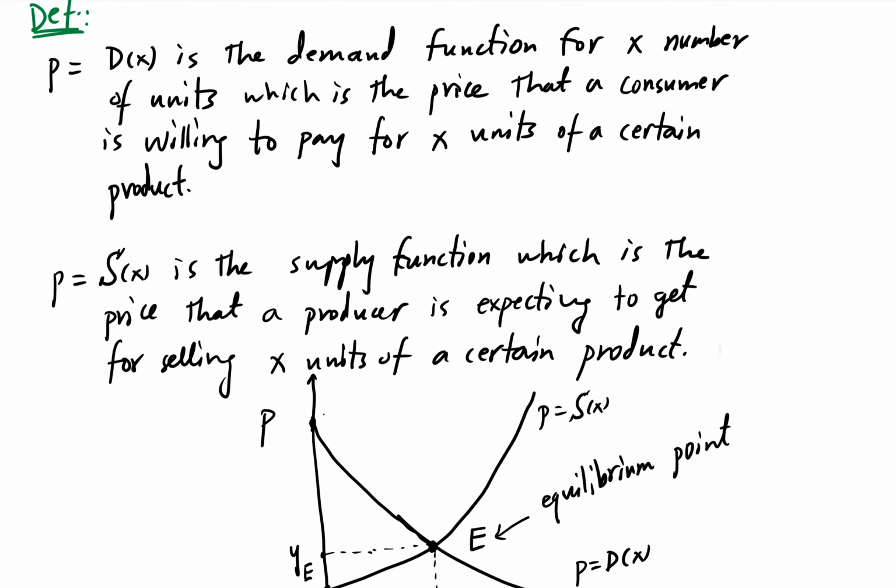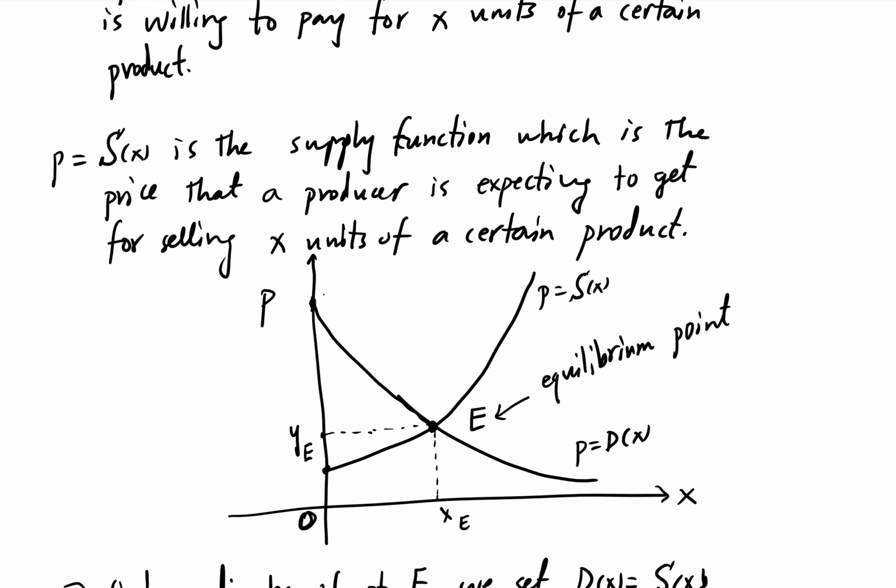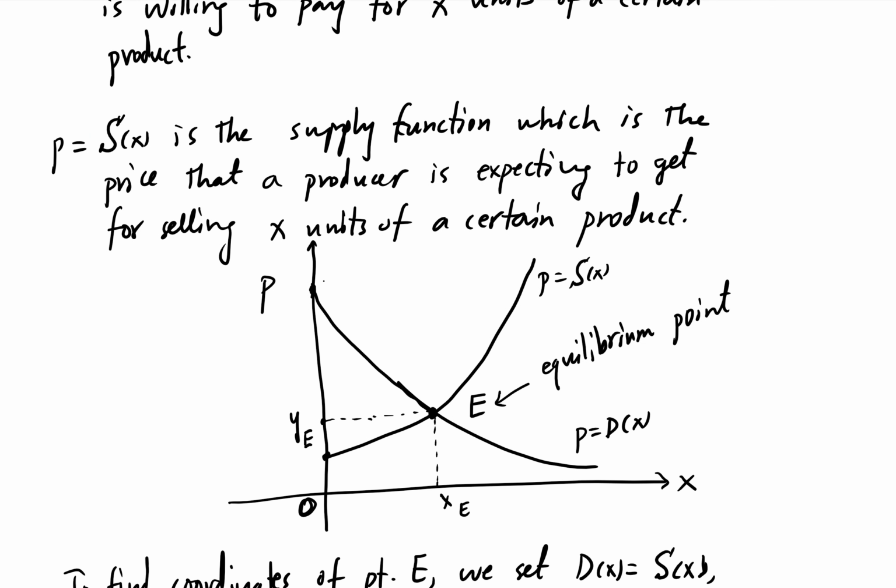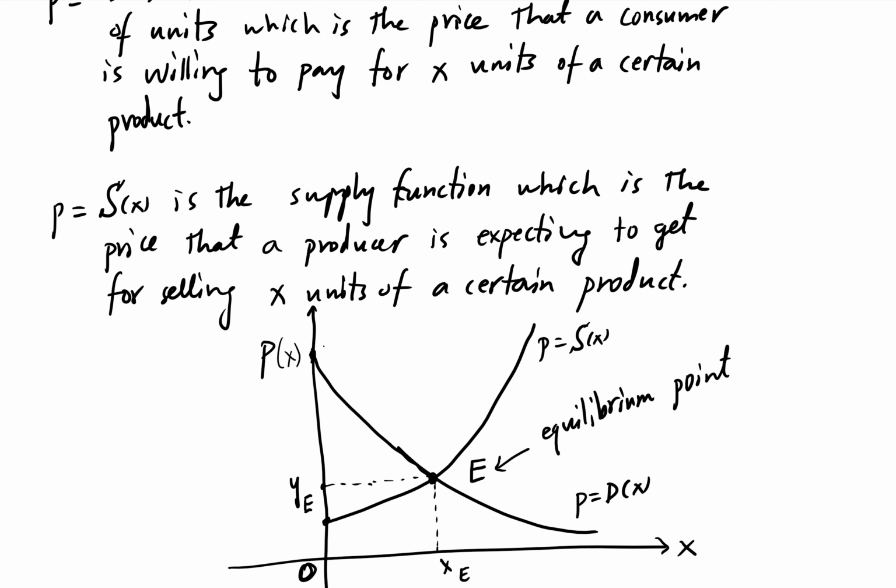So if we look at this graphically, we have the x-axis and P of x on the y-axis. The supply function goes increasing, and the demand function is going down. Why? Because the buyer would love to pay less, right?